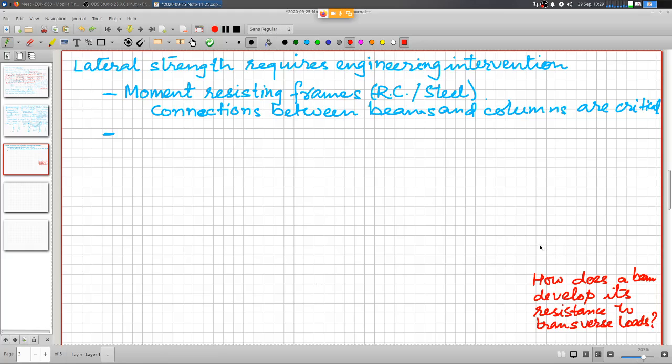So what I mean to say is, you have a beam, let's take the simple case, a simply supported beam with a mid-span loading, right? So how does this beam resist this load? What causes it to resist this load?